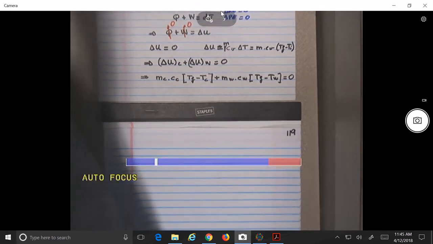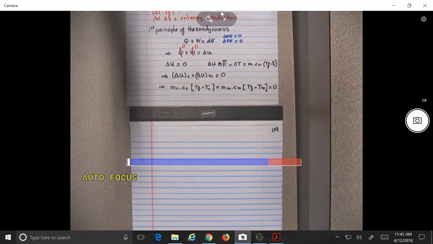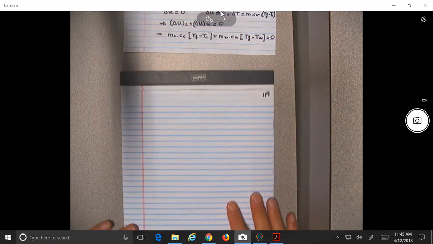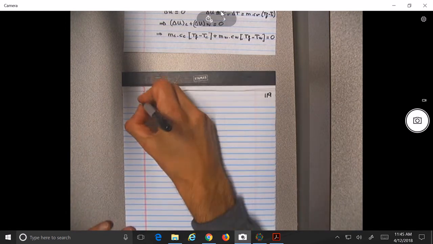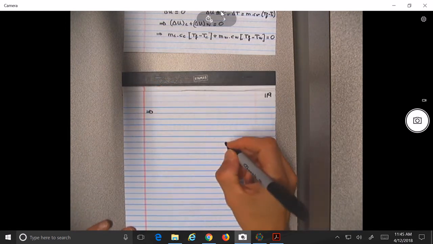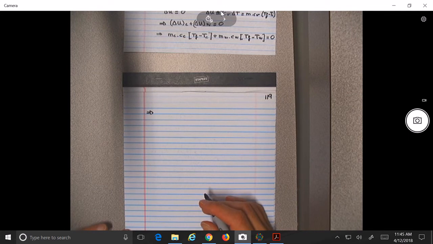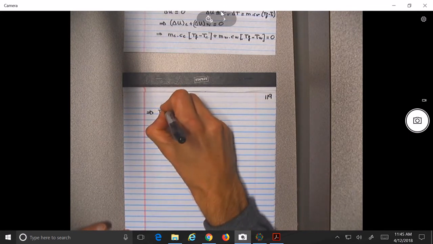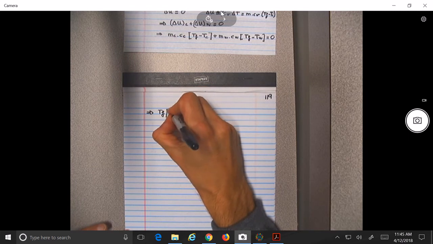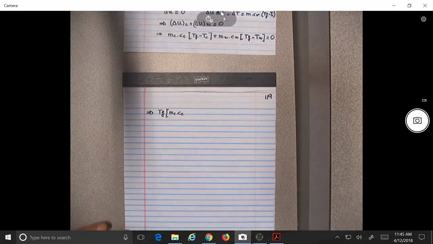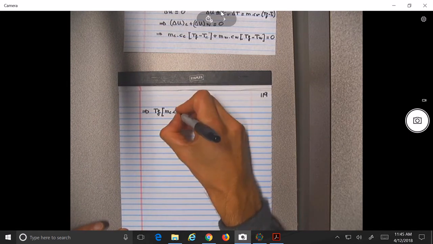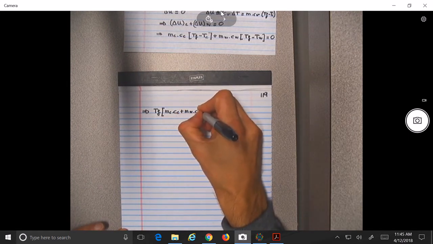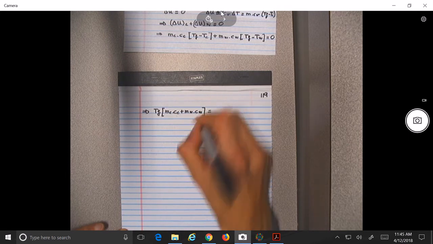Is that I zoom in and I think run out of space. So now what could happen? So let's see, if I do the algebra, you will have T final, you can factor by M sub C, C sub C plus M sub water, C sub water.